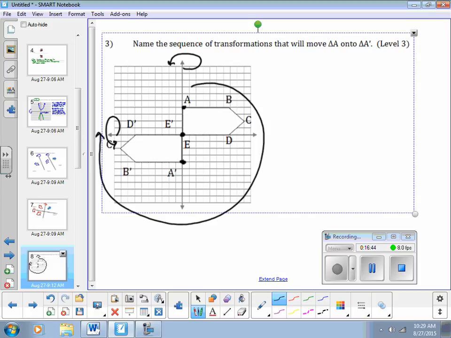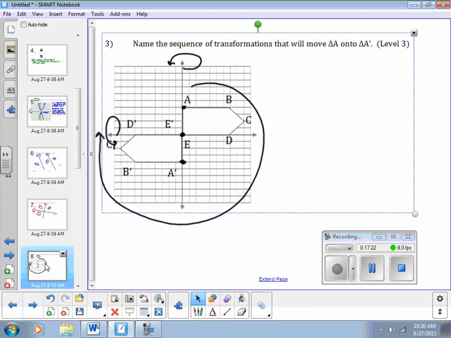Does that make sense? Would it match? If I flip it here, A stays there, B would be over here, C, D, and E, right? And then I flip it again on the x-axis, D's and E's are going to match. So you could either have two reflections, one on the x-axis or the y-axis first, and then one more reflection. Or you could just do a rotation. Two different ways you could have done this, okay? Either answer would have been correct, okay?